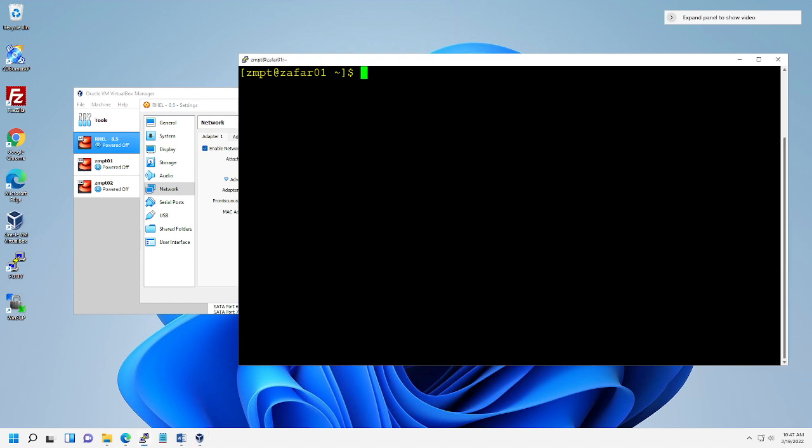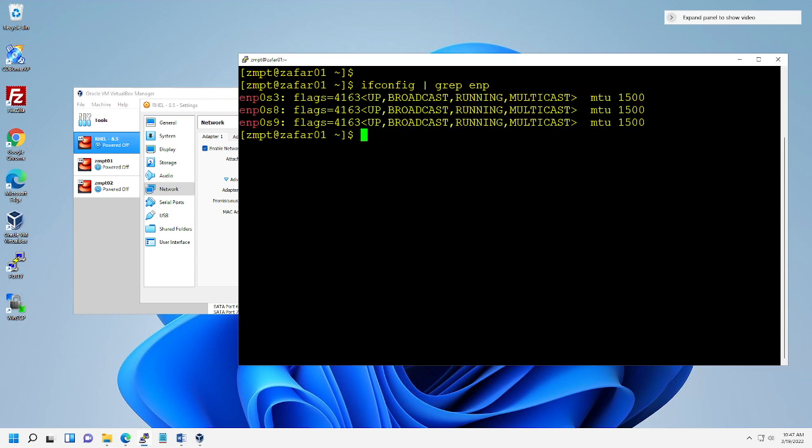So how do you look at how the network adapters are? What you do is, the command is ifconfig pipe grep enp. Okay, and hit enter.